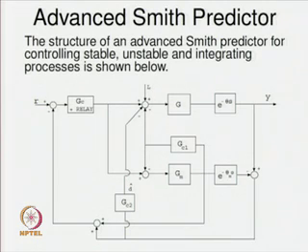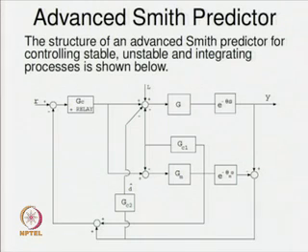The advanced Smith predictor has three controllers GC, GC1 and GC2. Initially, a relay is connected in parallel with the controller GC for inducing a limit cycle signal, and using the limit cycle data and the state space based exact analytical expressions we have obtained earlier, we estimate the parameters of a transfer function model for the dynamics of a real time system.